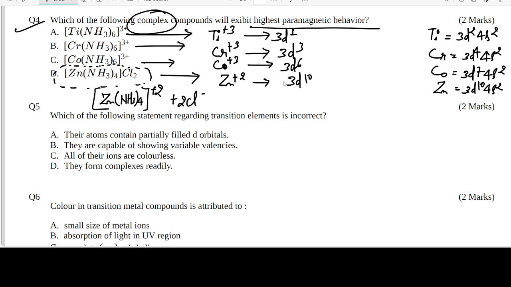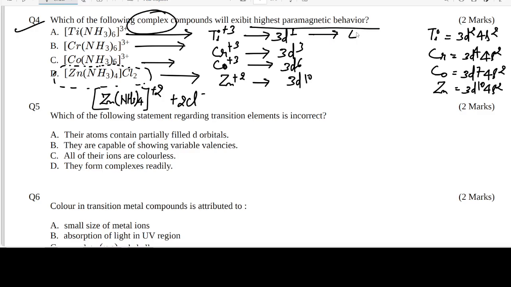Now let's see which species has the most unpaired electrons. This one will have one unpaired electron, since 3d1 means one unpaired electron.